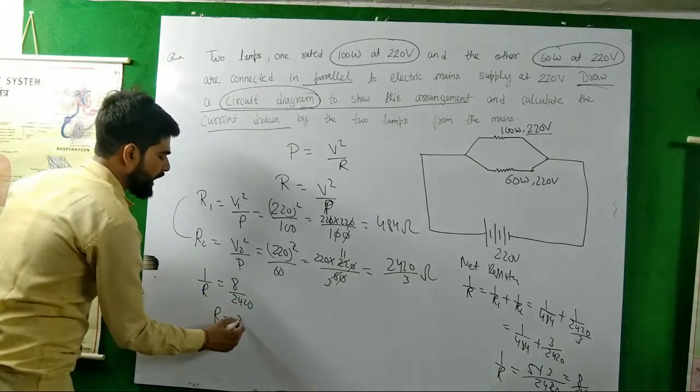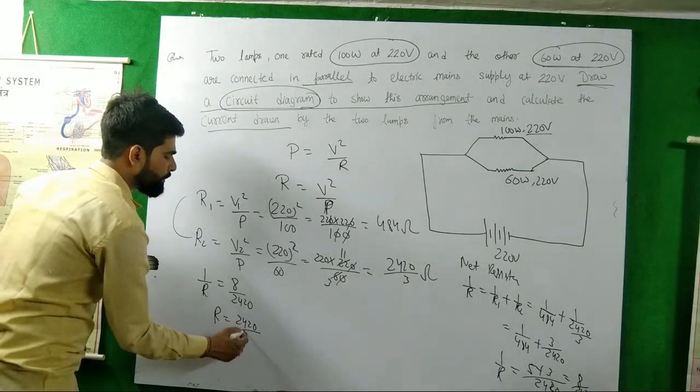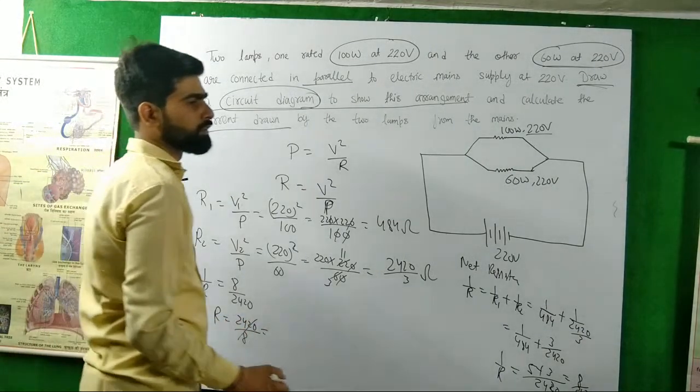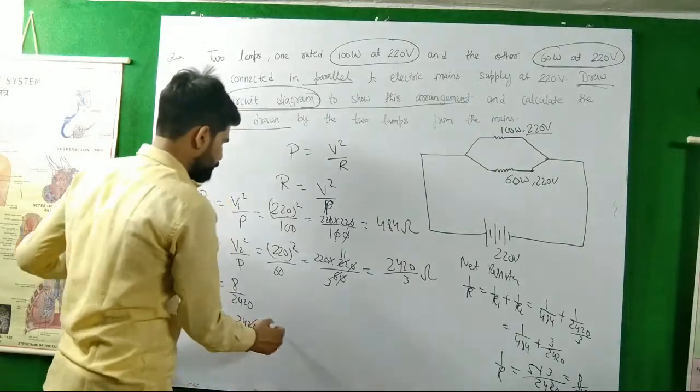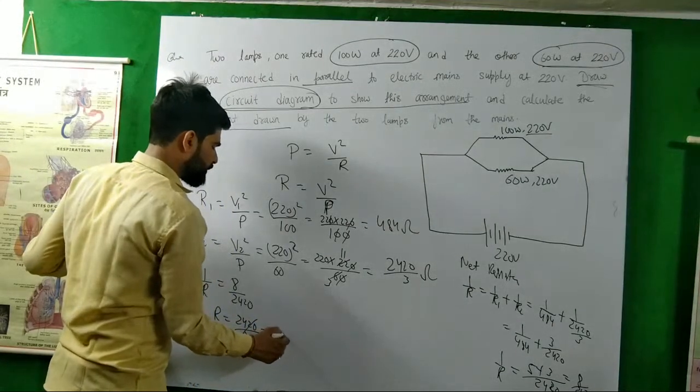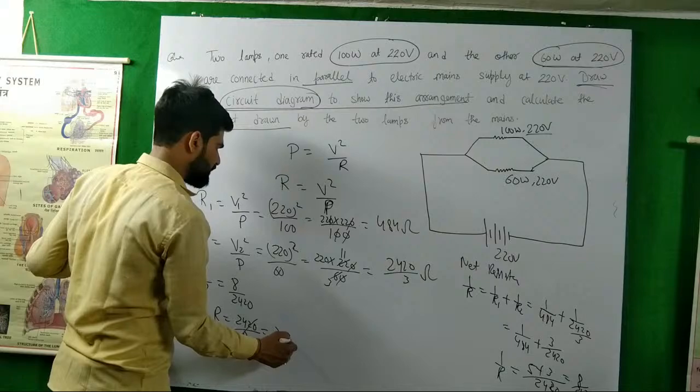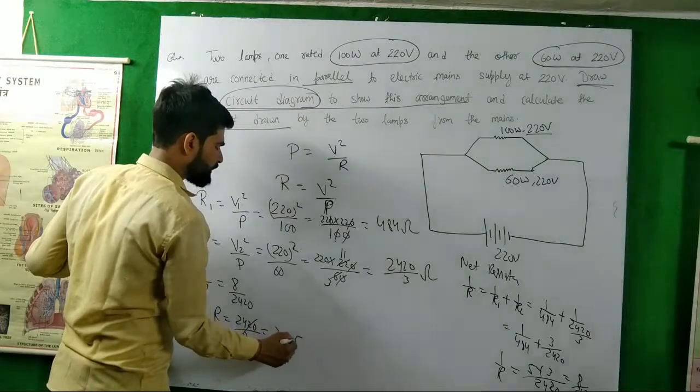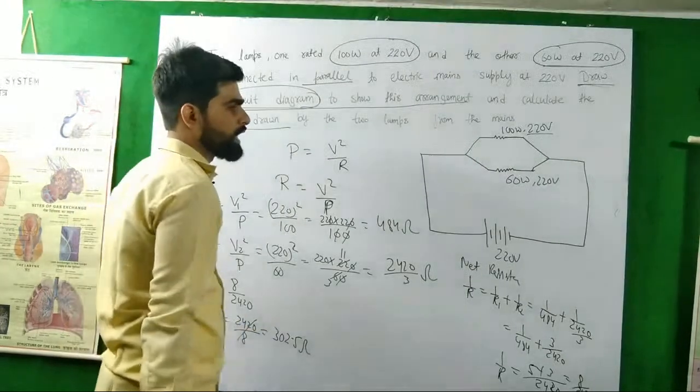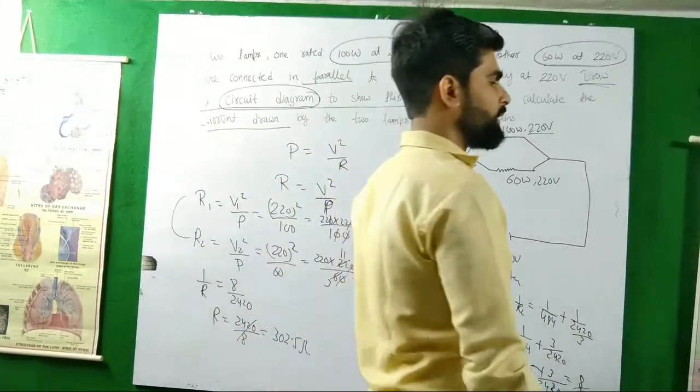Then the value of R is 2420 upon 8, and on dividing we get 302.5 ohm as the value of net resistance.